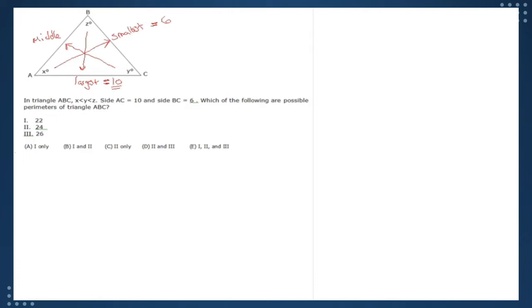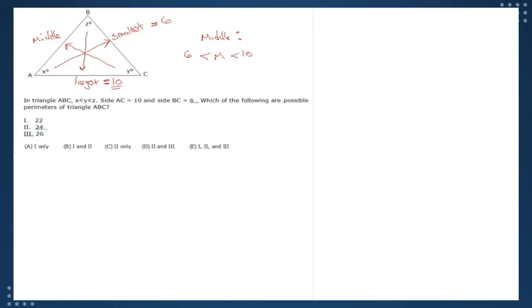Now, we're not told that the sides have to be integers, but we can see our answer choices are in integer form. So the possible middle side, we'll just call M for the middle, is going to be greater than 6 and less than 10, based on these angle measurements.